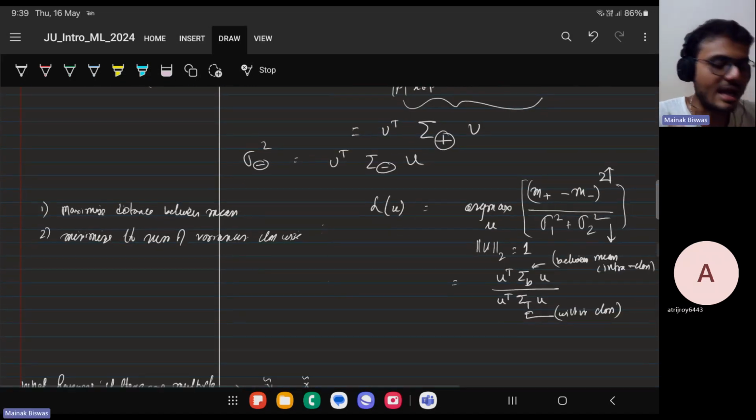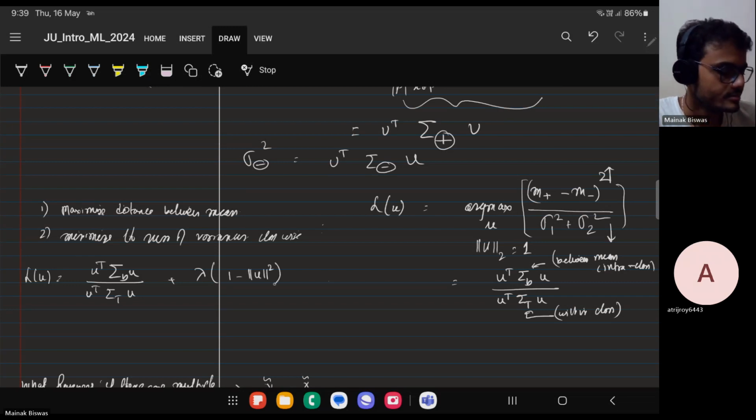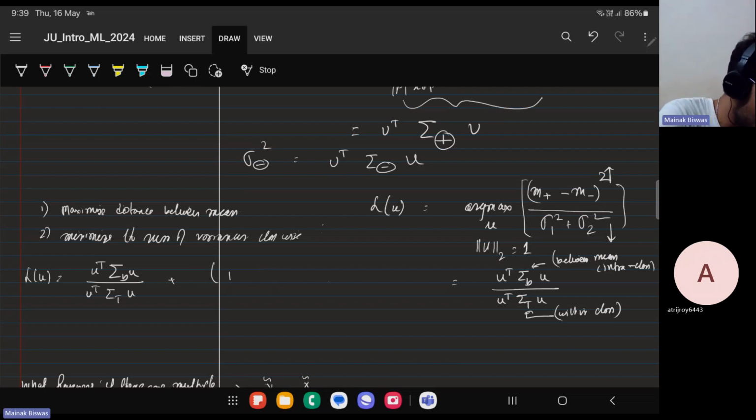Now, very nicely, I can again do this. So tell me, what will it be? What is the Lagrangian? U transpose sigma B U over U transpose sigma T U plus lambda into something. For this problem, let us first consider without the Lagrangian even.